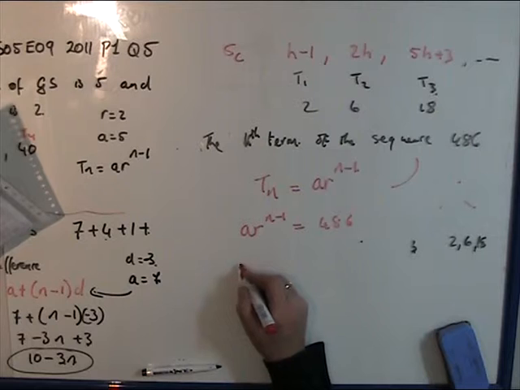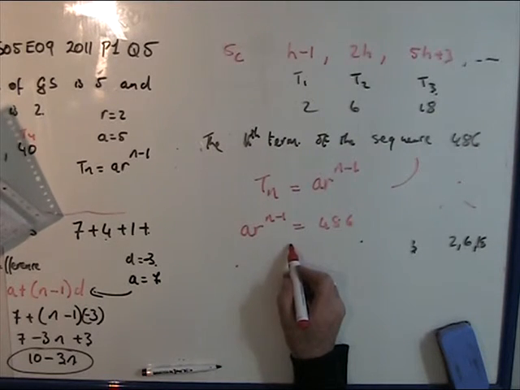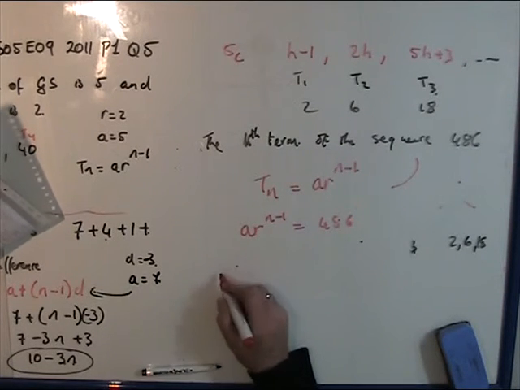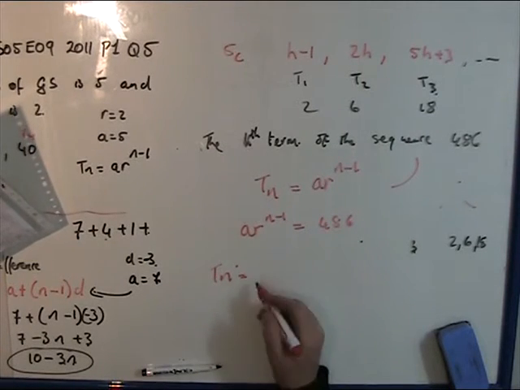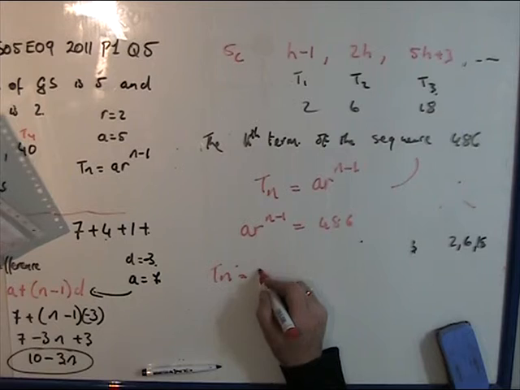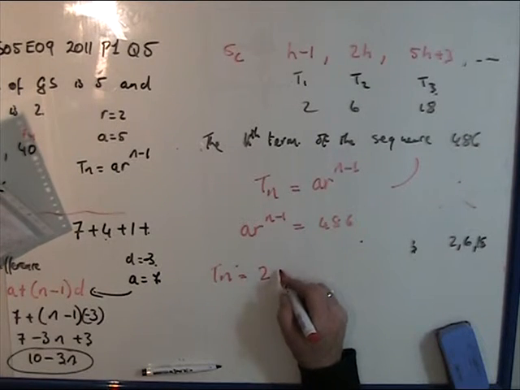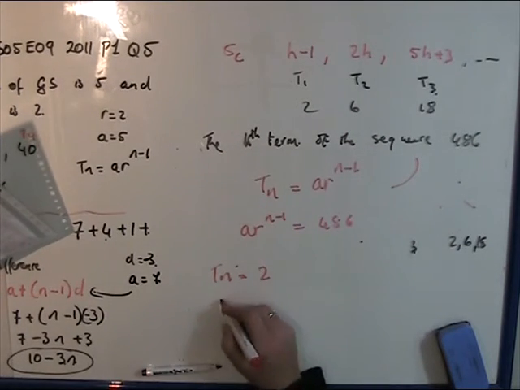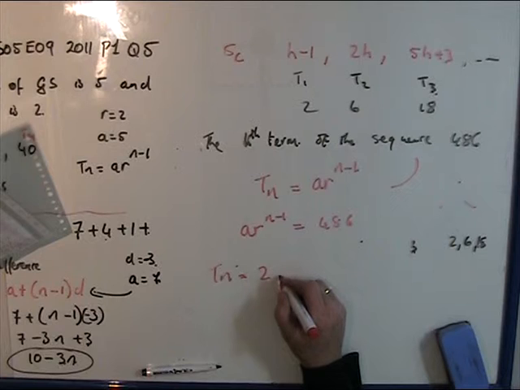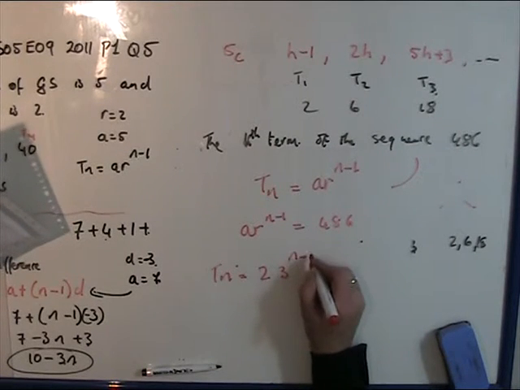So we have to use this formula, and we know our values because we found out Tn is equal to 2, which is the first term, times r, the ratio constant, which is 3, to the power of n minus 1.